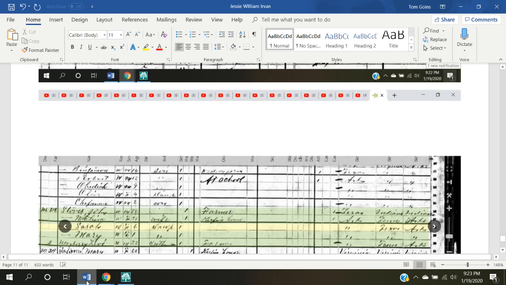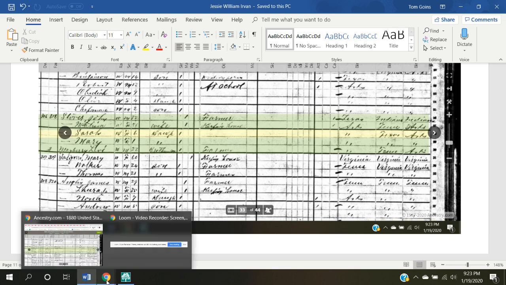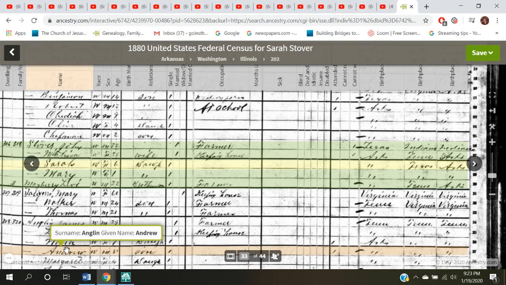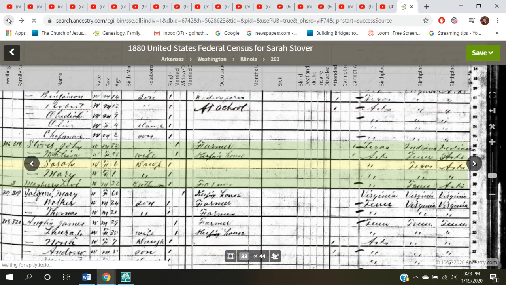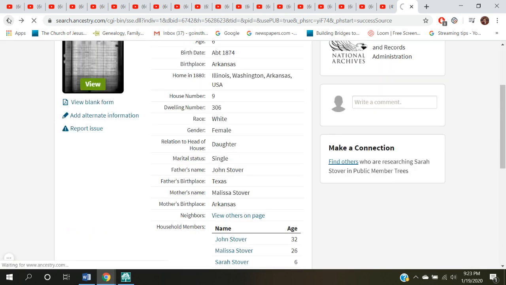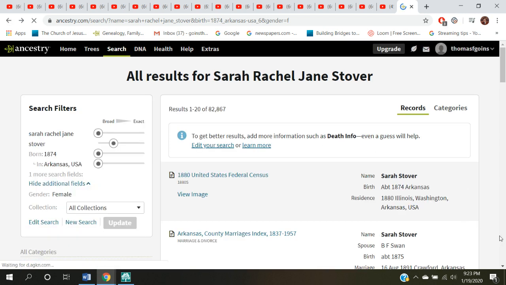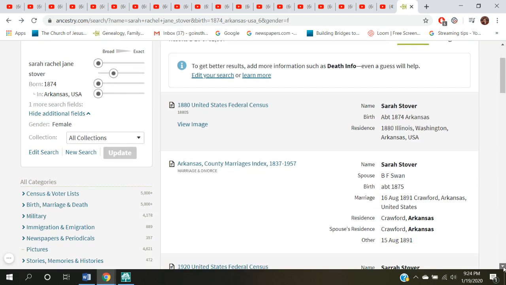And that helps me make sure that the parents we thought were her parents are actually her parents. But I'm still not 100% certain. So I'm going to go back to Sarah Stover's information here.